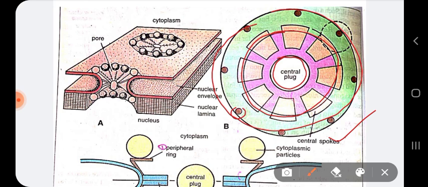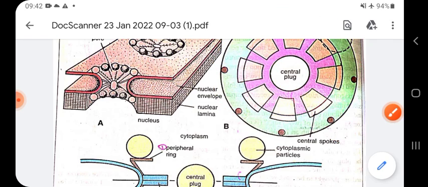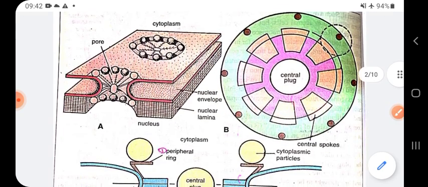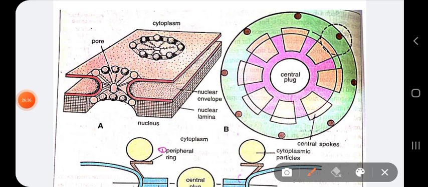These are actually the ribosomes which are attached to the nuclear pore complex, to the rings or annulus. The spokes help to join the plug with these rings.